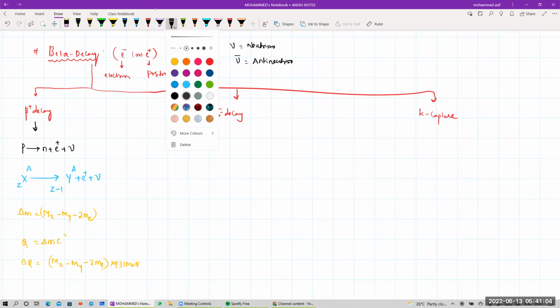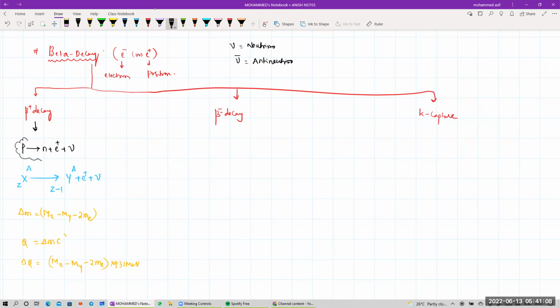It is a very important relation. In beta plus, a proton disintegrates into a neutron with emission of a positron as well as a neutrino.